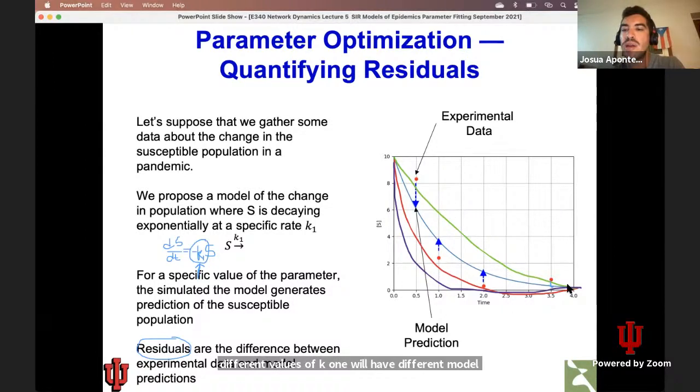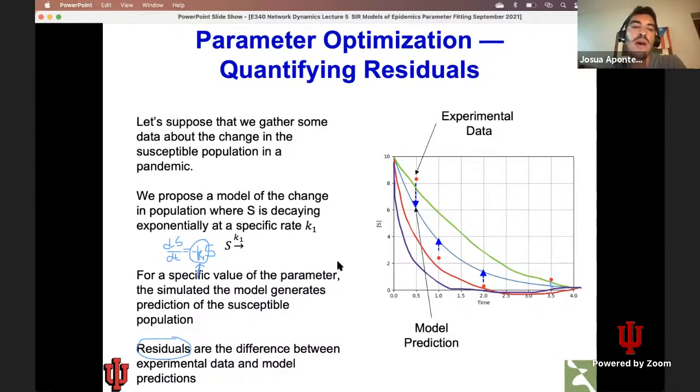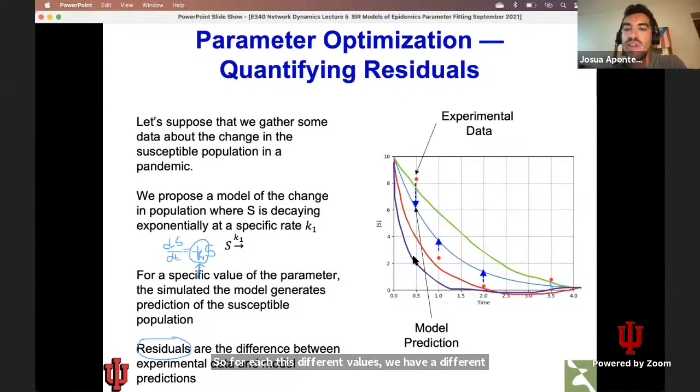Let's say this is K1 of 0.25, and this is K1 equals 2. For each of these different values, we have different residuals, or different distance between the model prediction and the observed data.